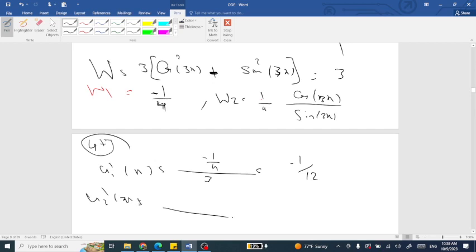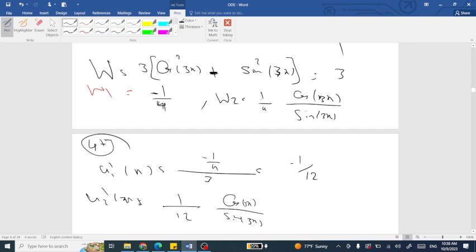W2 over W, right? W2 over W is equal to what? 1 over 4, W is 3. So 1 over 12 cosine 3x sine 3x. Am I right?